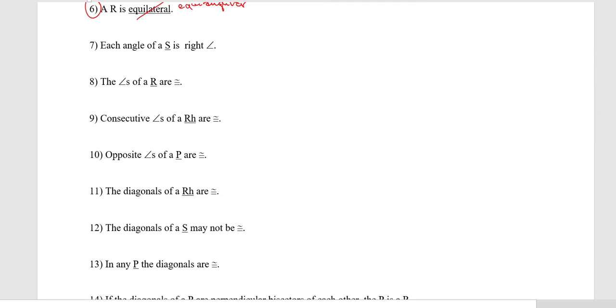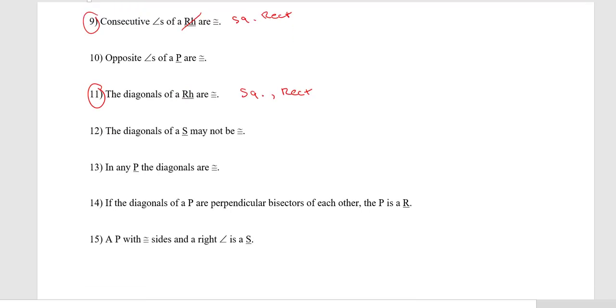Moving on down to number 9, consecutive angles of a rhombus are congruent, and that would not necessarily be true, but again, for a square and a rectangle, that would be true, because they would be right angles. Number 11, the diagonals of a rhombus are congruent to each other, and that would be true only in the case when it's a square or a rectangle.